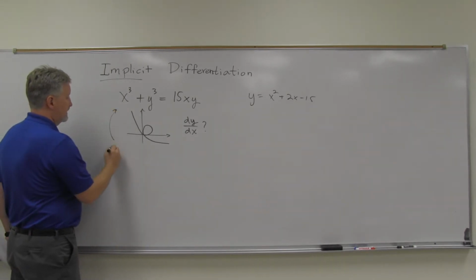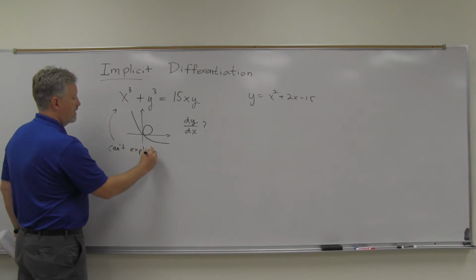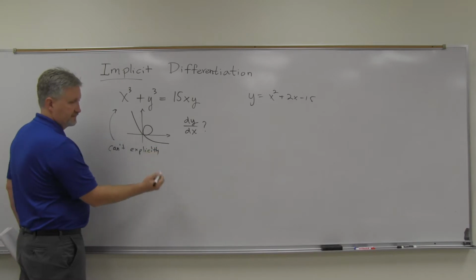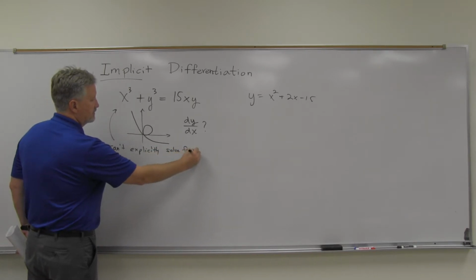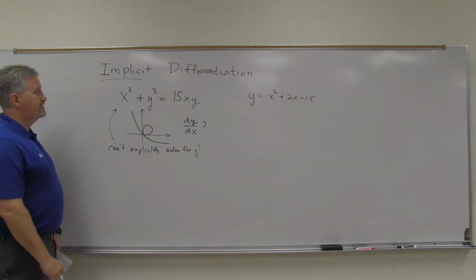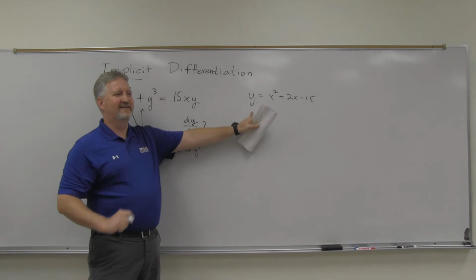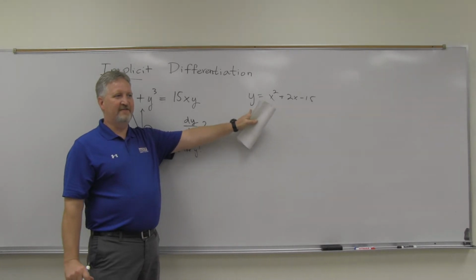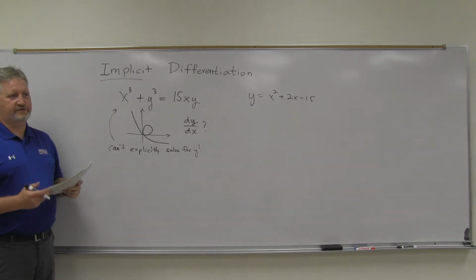So what I'm saying is I can't explicitly solve for y here, or maybe it's difficult. So we can't do our explicit differentiation like we did over here to find the derivative.